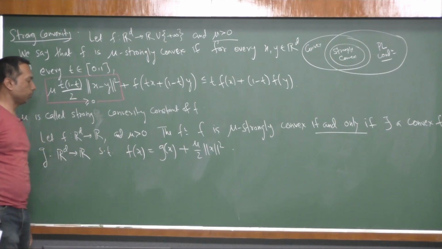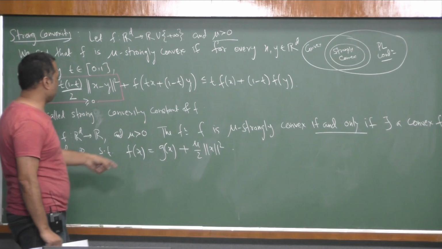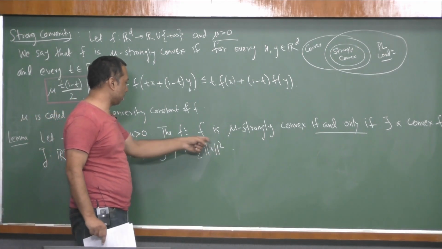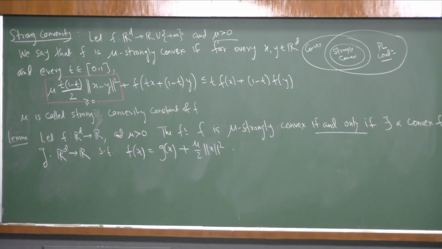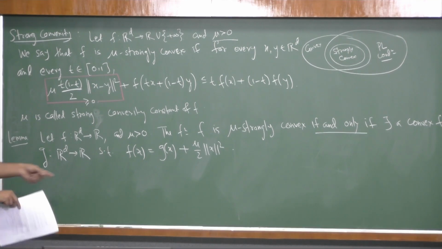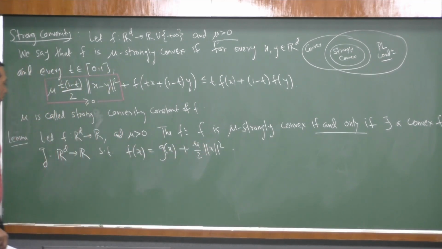So it's both ways, right? So this is a good result, because in some cases I may want to regularize my problem. So this is the regularization term, right, to make it strongly convex and maybe get a better convergence guarantee, if this regularization does not create any issues in my optimization problem and the result that I will get, right? So this is a good result which will be used a couple of times.